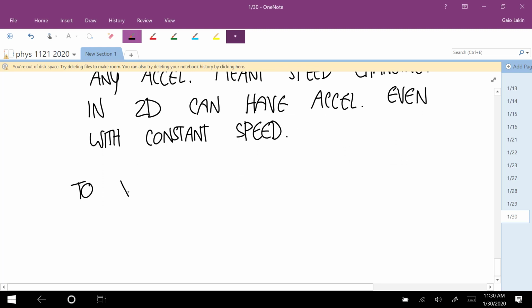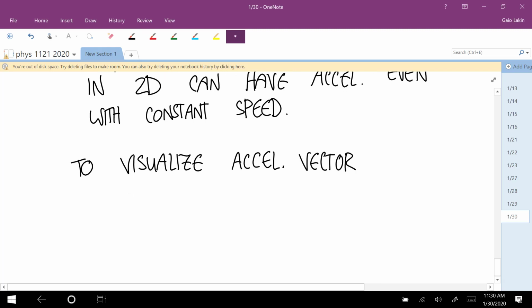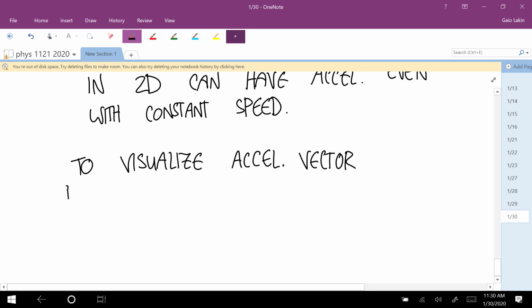So how do you visualize an acceleration in 2 dimensions? First, sketch the object's path.